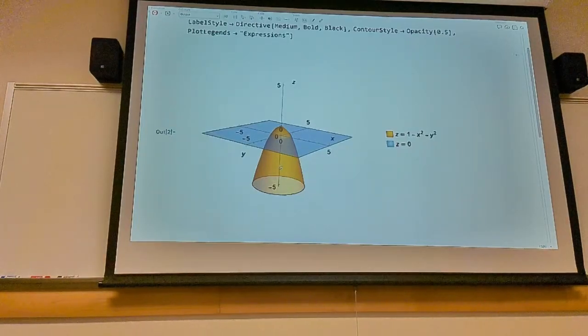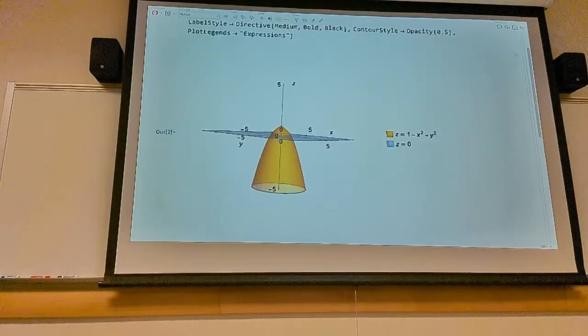So which one do we take? There are two regions that could fit that description. Oh, the one above the xy plane. Why? Because that's our bounds.